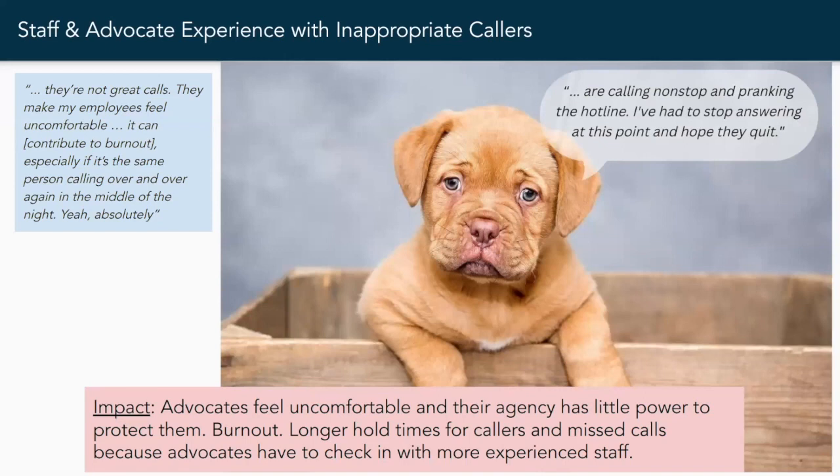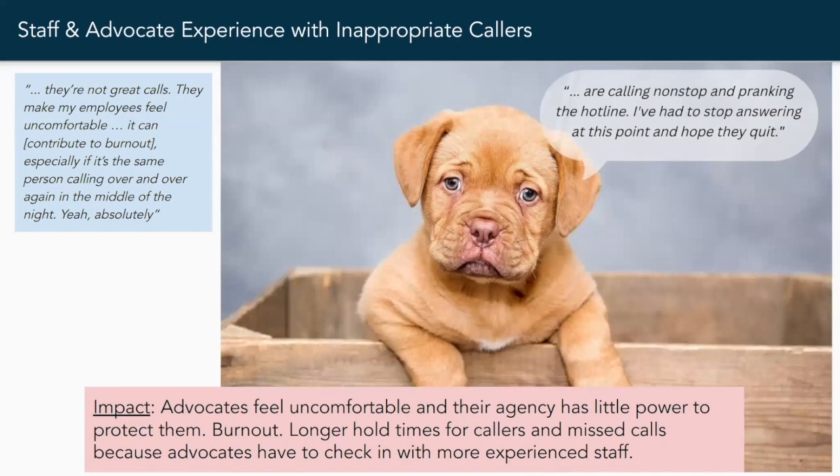Basically, inappropriate callers can be a form of sexual harassment that advocates face by just operating the helpline. And agencies often can't do very much to prevent advocates from encountering that.